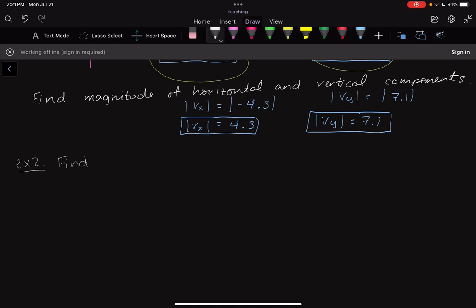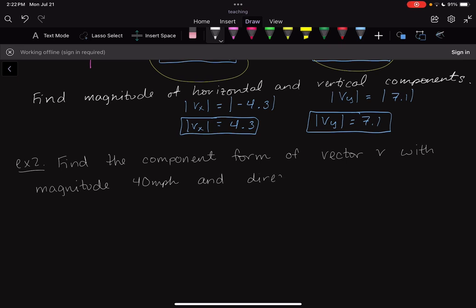This one says find the component form of vector v with a magnitude 40 miles per hour and direction angle 330 degrees.